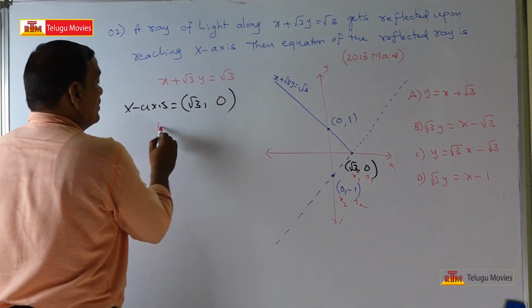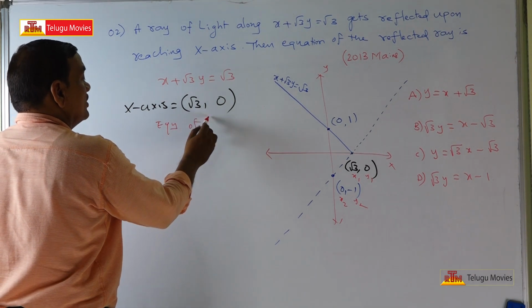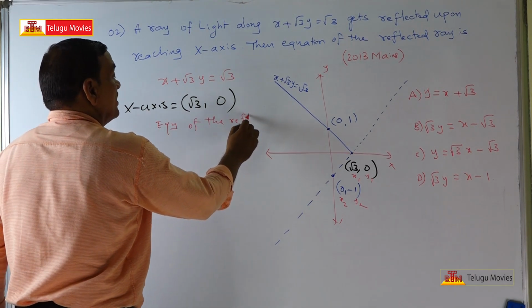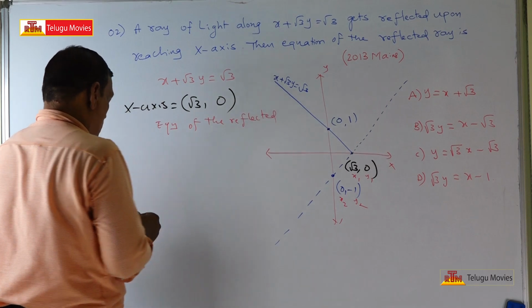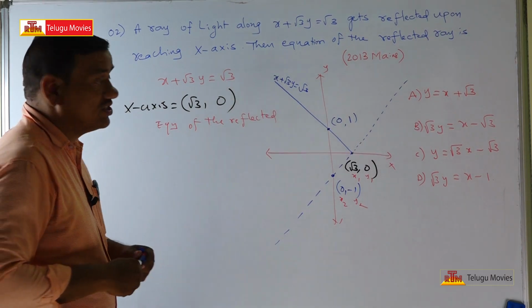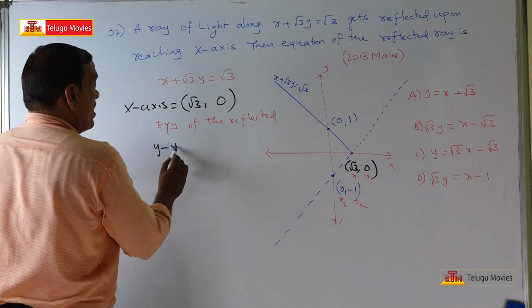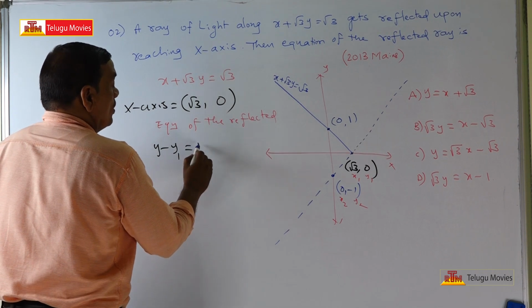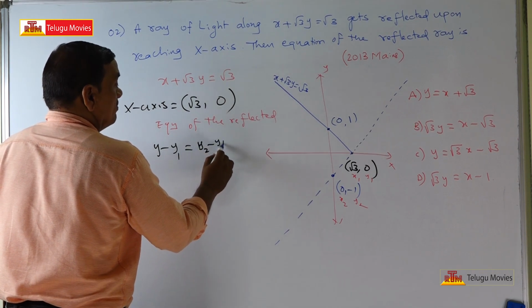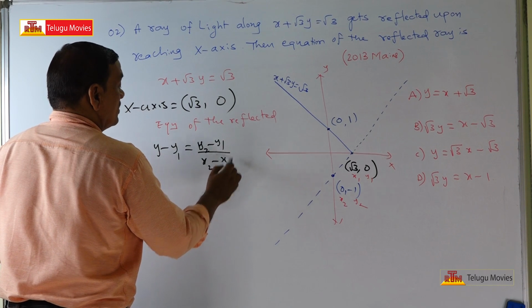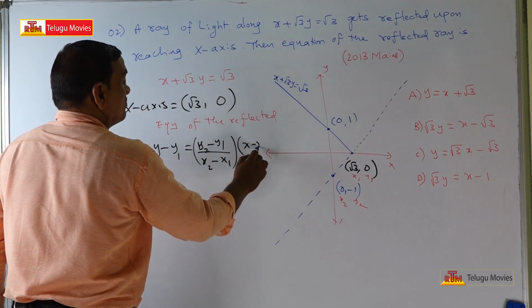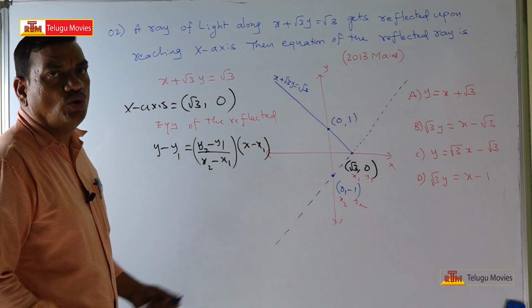So what is the equation of the reflected ray? What is the formula? y minus y1 is equal to (y2 minus y1) by (x2 minus x1) times (x minus x1). This is the two-point form.